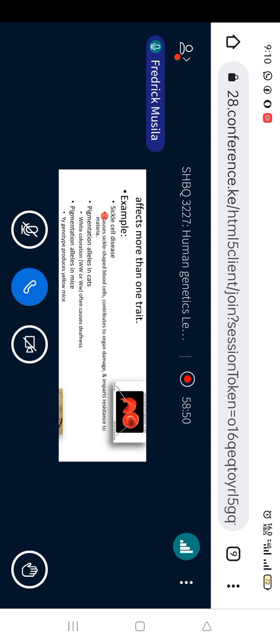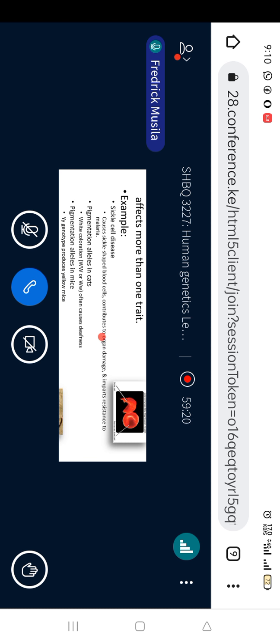An example is sickle cell disease. We'll still come to sickle cell disease. When you have that gene for that disease, the main symptom we know is that the red blood cell will be sickle shaped. Then that gene, apart from forming the sickle-shaped red blood cells, also has other effects on organs.